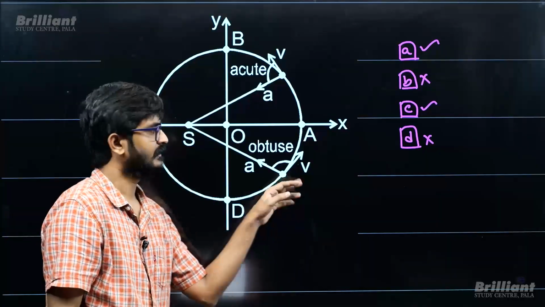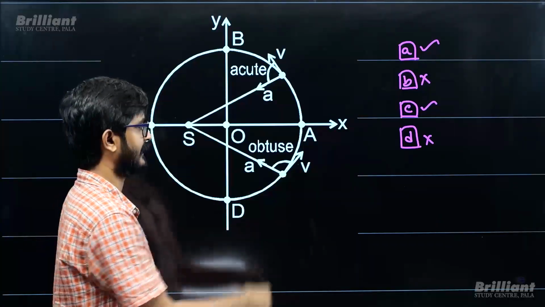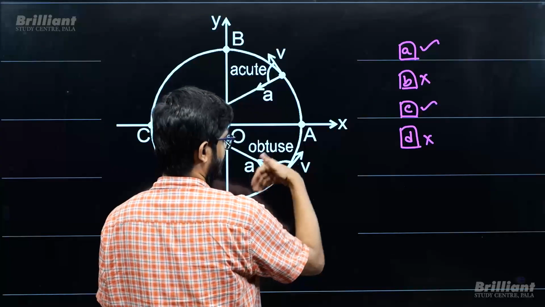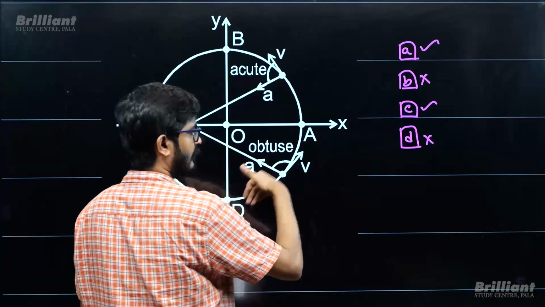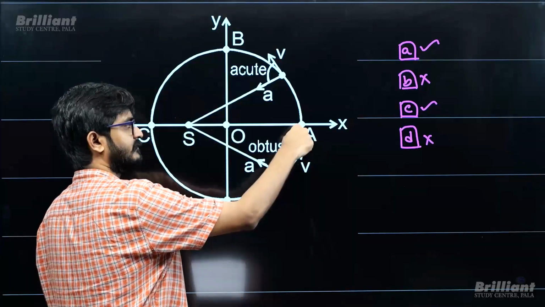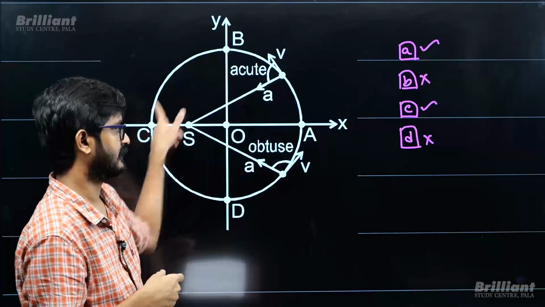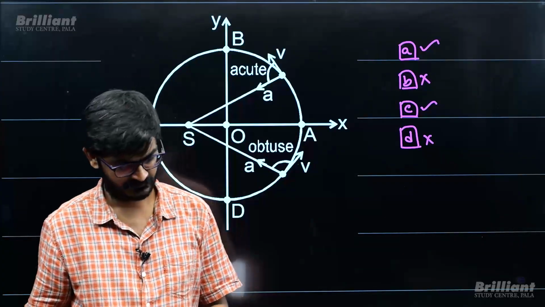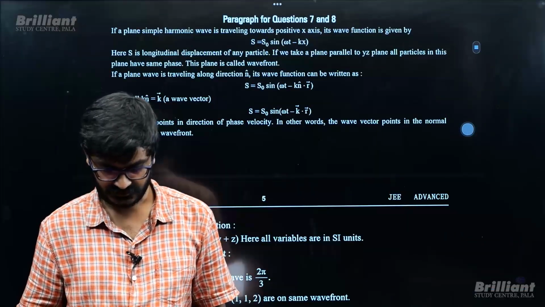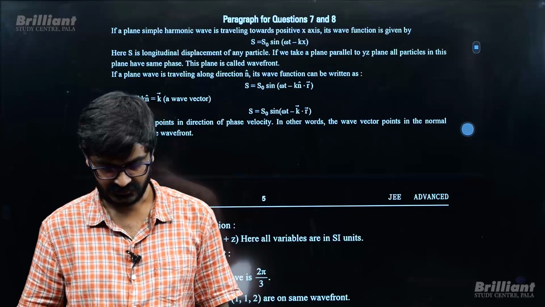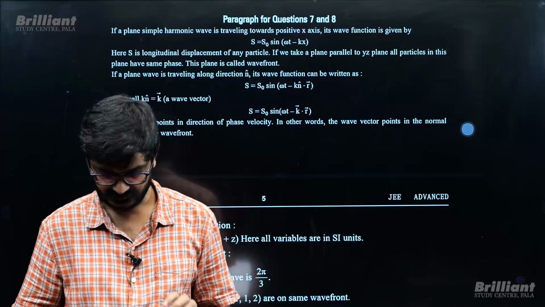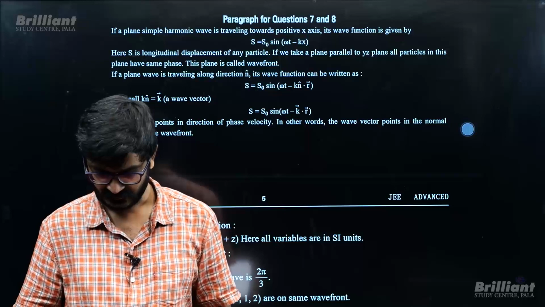From C to A you can see the angle is going to be obtuse. When the angle is obtuse, the acceleration's component along the velocity is going to be opposing, so it will be reducing its speed, right? So increasing, then reducing.